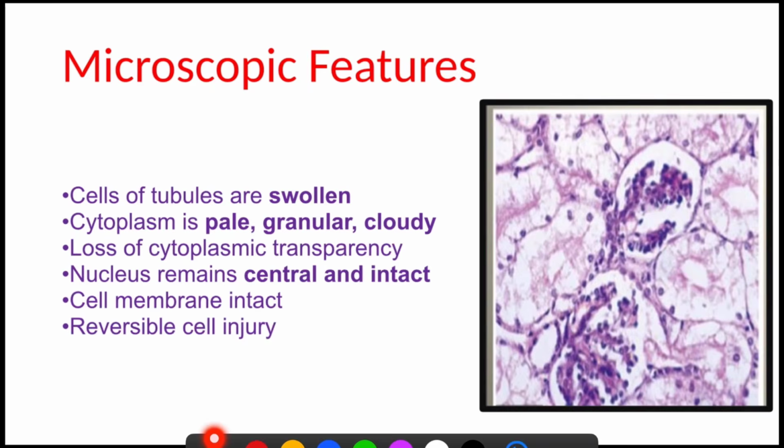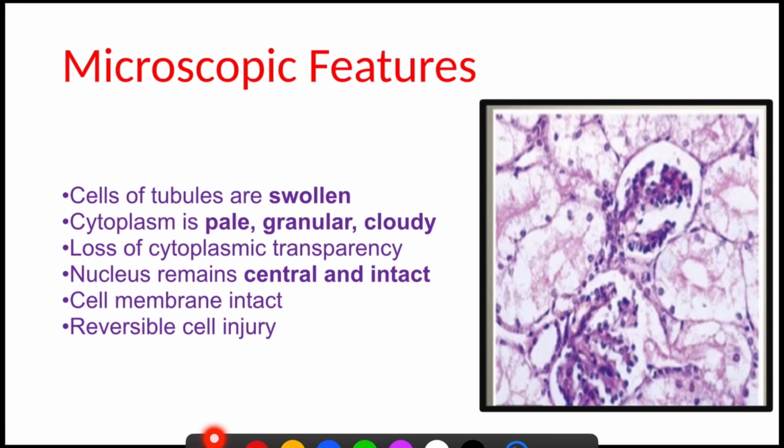Now you have to write down what exactly microscopic features you have seen. Here you can write that the cells of the tubules are swollen, the cytoplasm is either pale, cloudy or granular, and there is loss of cytoplasmic transparency, with the nucleus centrally placed and intact.